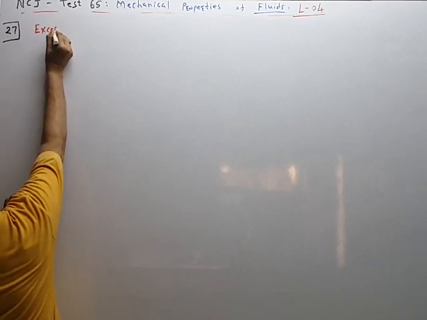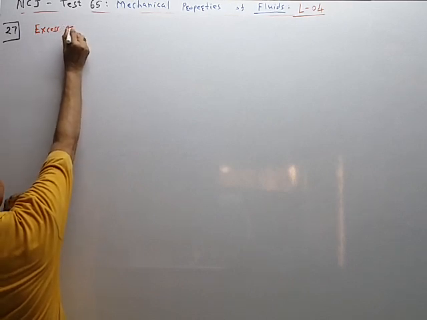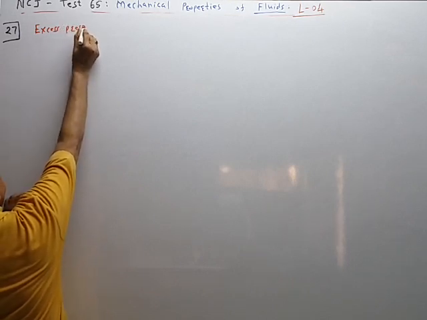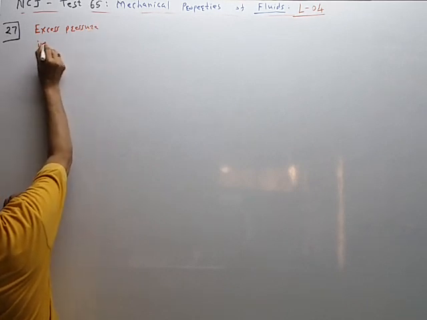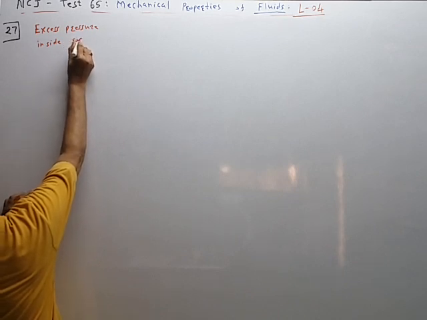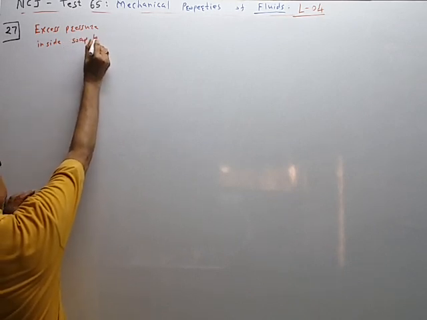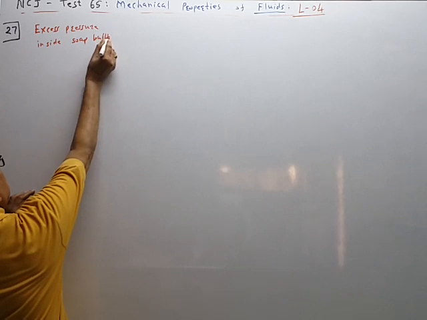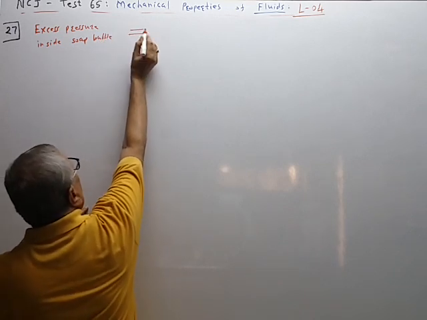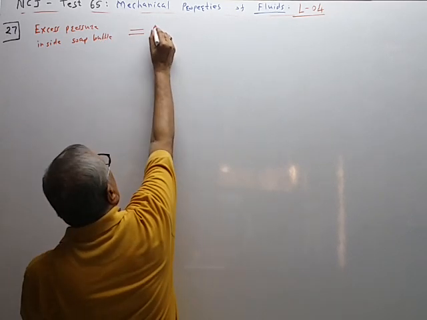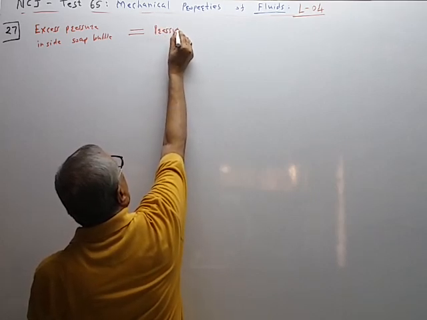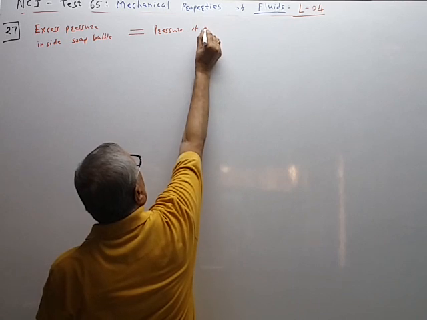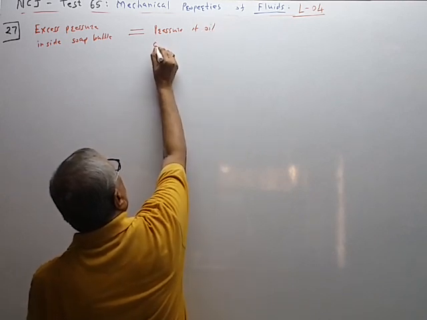Excess pressure inside the soap bubble is equal to, it is balanced by the pressure of the oil column.